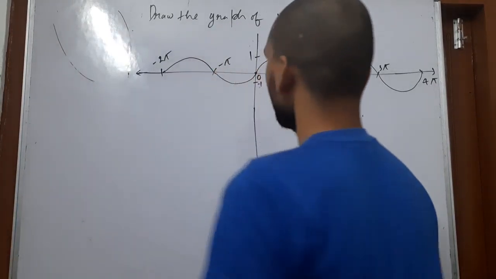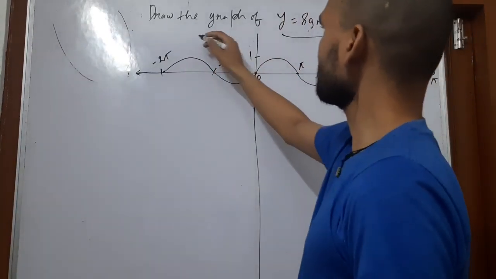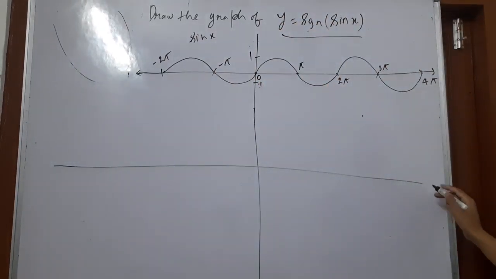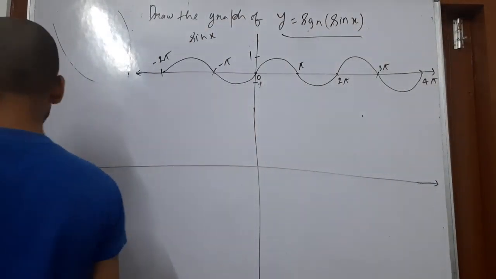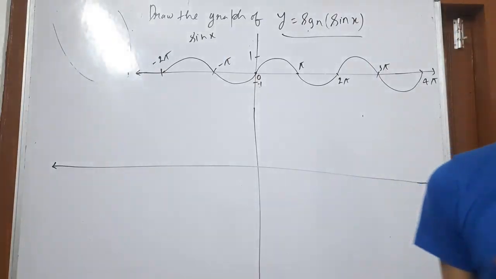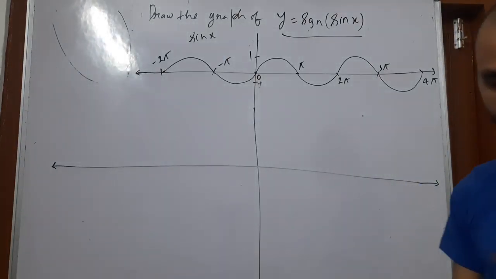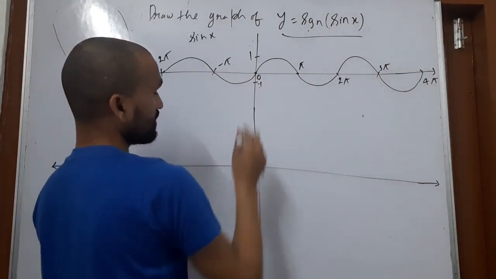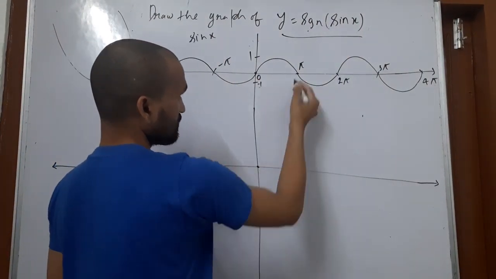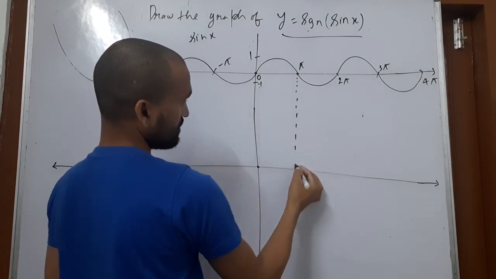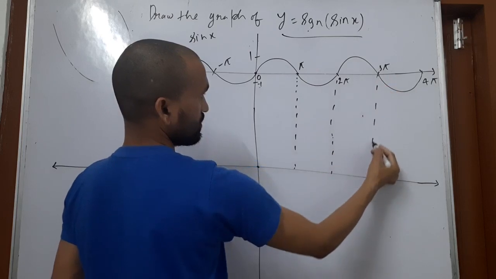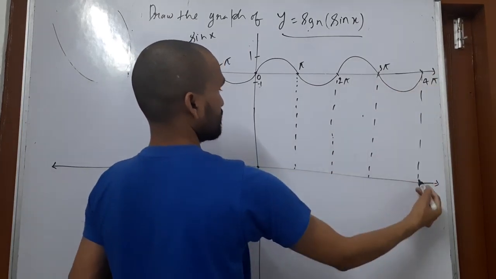Okay students, now this is the graph of sin x, and after that we will draw the graph of signum of sin x. Let us start, if we move between 0 and pi.